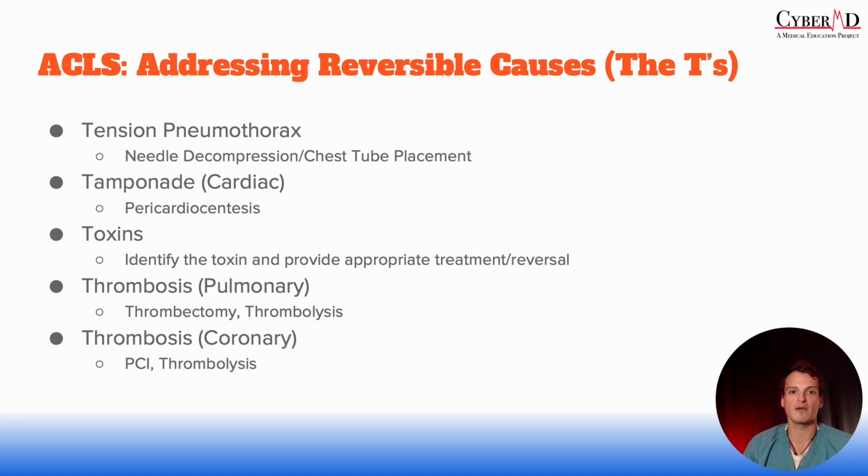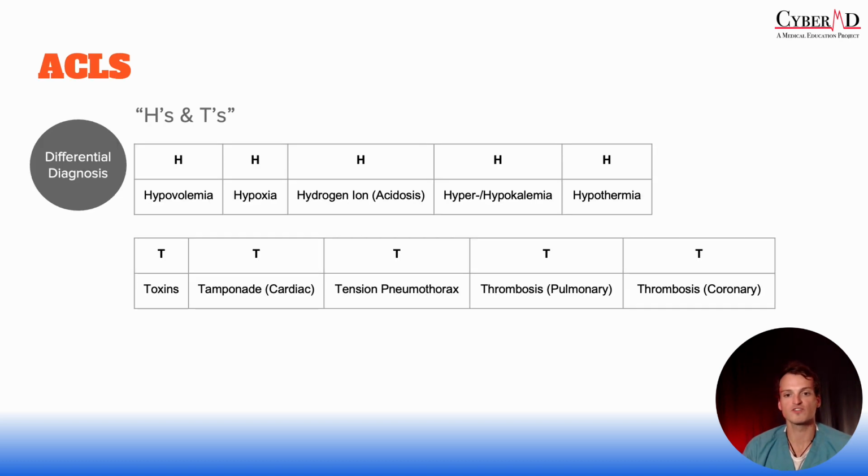And hopefully you would be able to identify that beforehand and get them to the cath lab before they crash, before they have cardiac arrest. That would all be ideal. But just remember to run through these T's as possible etiologies of your patient's cardiac arrest that you could reverse and help to save their life that way. So here's a quick review slide of all of the H's and T's.